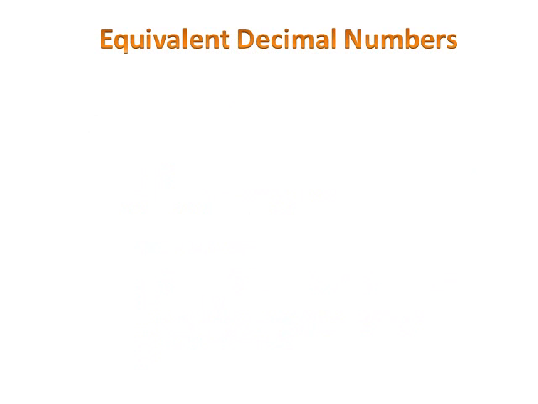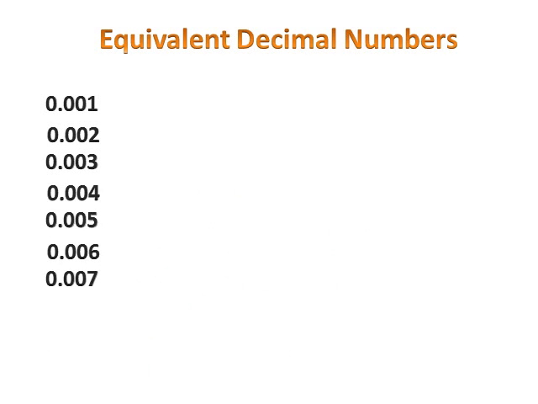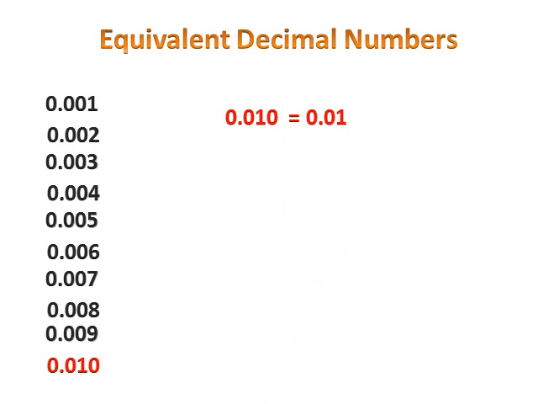Okay, so let's review a little bit about equivalent decimal numbers. So this is counting by the thousandths. After 0.009 or 9 thousandths, you have 10 thousandths. Does that look familiar to you? 10 thousandths is just equal to 1 hundredth.